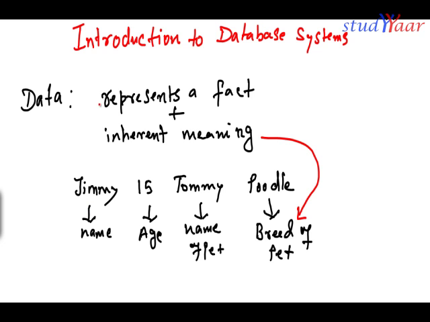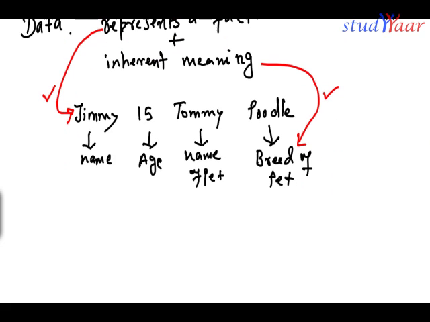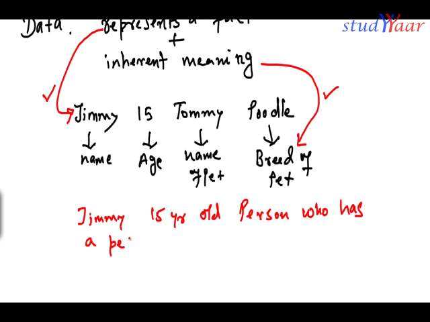Okay? And does it represent a fact? Well, sure, it represents a fact, because now we can say that Jimmy is a 15-year-old person who has a pet poodle named Tommy, right?